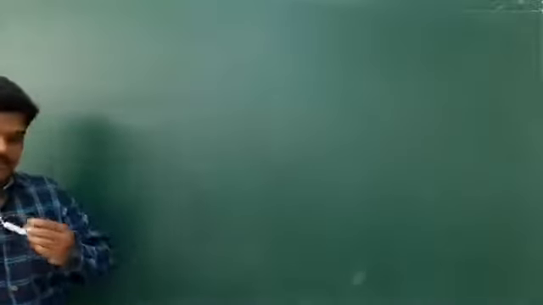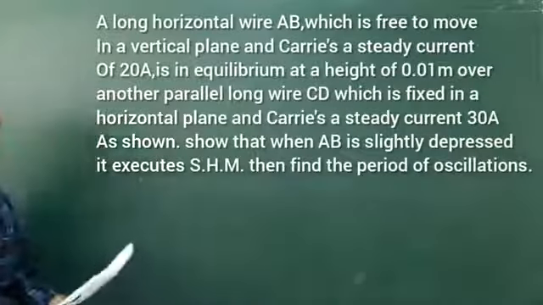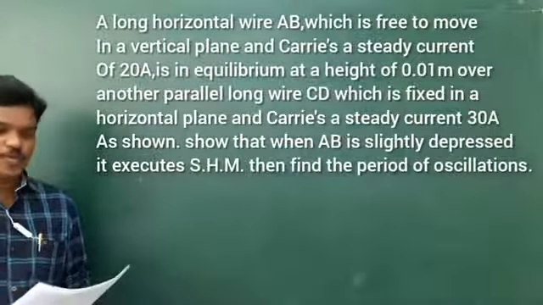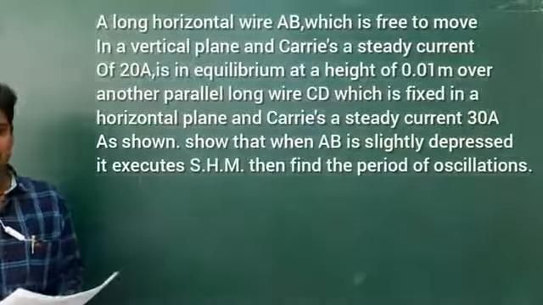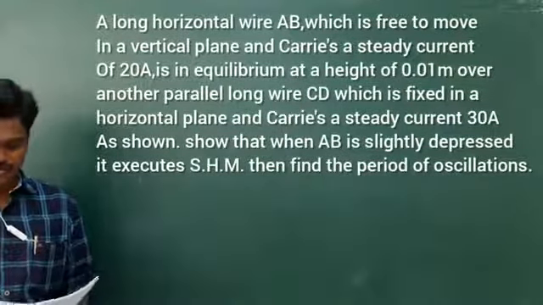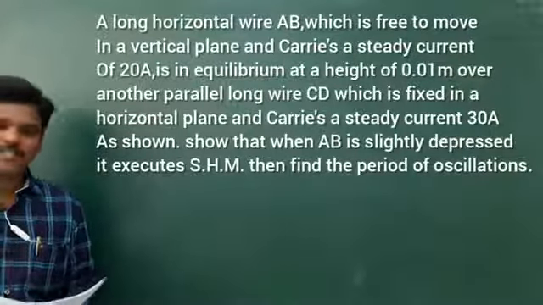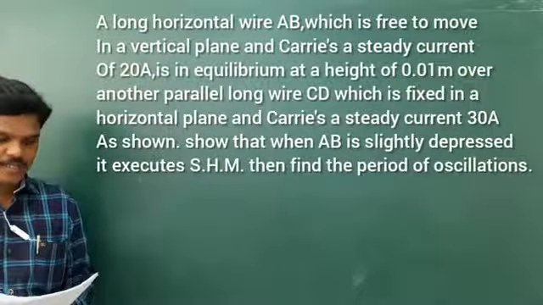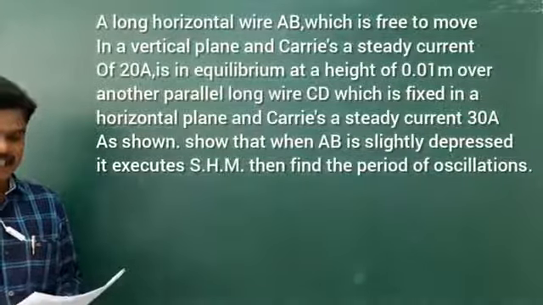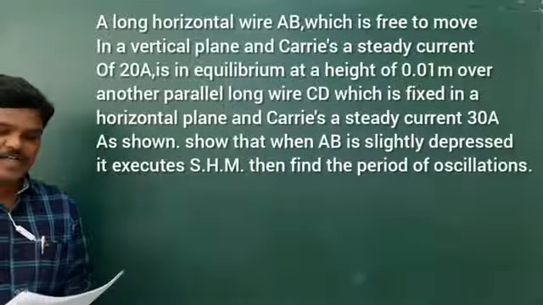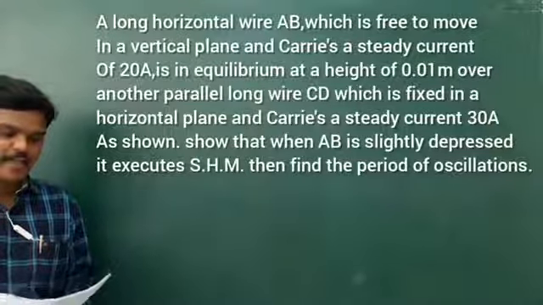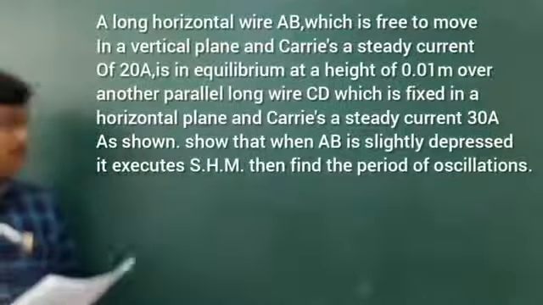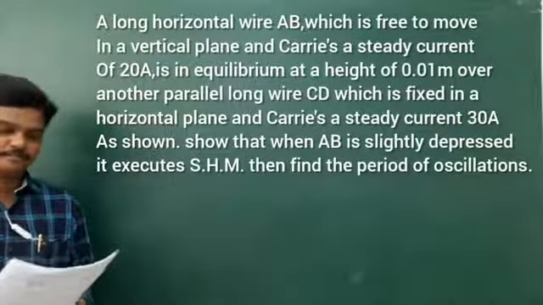Now, see the question. A long horizontal wire AB, which is free to move in a vertical plane and carries a steady current of 20 ampere, is in equilibrium at a height of 0.01 meter over another parallel long wire CD, which is fixed in a horizontal plane and carries a steady current of 30 ampere, as shown in the figure.